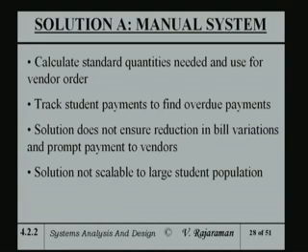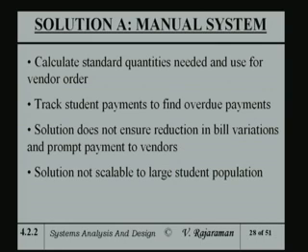Calculate standard quantities needed and use them for the vendor order. In other words, for the actual month, you can calculate based on the average number of students who are there. In fact, you could do a statistical calculation by looking at the past 2-3 months and finding the average.